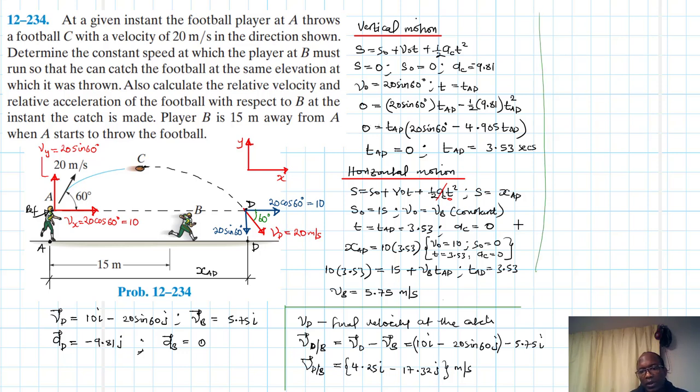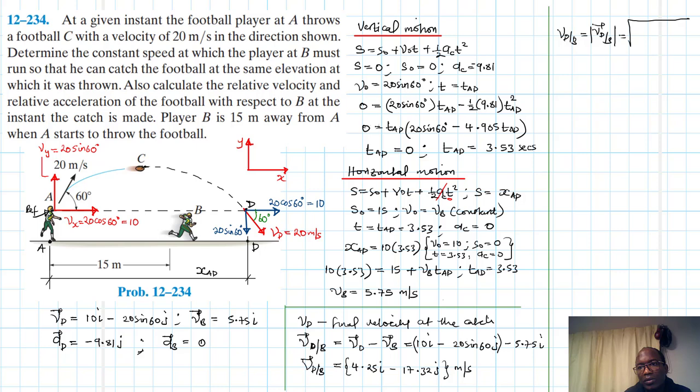So now let's find the magnitude. Our v_D with respect to B magnitude is just equal to the square root of 4.25 squared plus 17.32 squared.